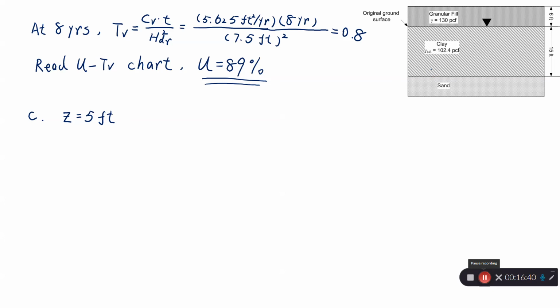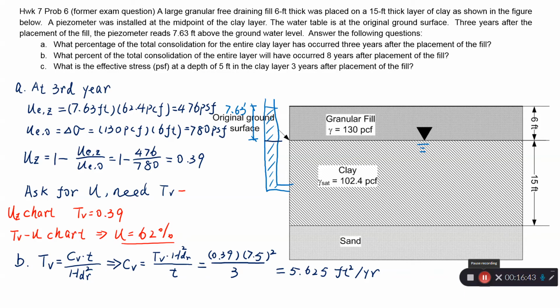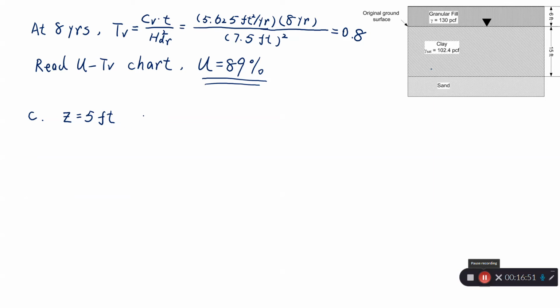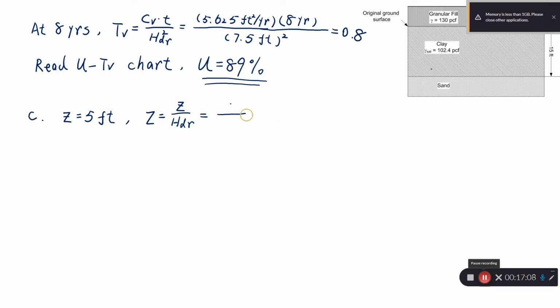Okay, what is the effective stress at the depth of 5 feet in the clay 3 years later? Then the first thought is I can get the depth ratio, right? So the depth ratio is Z over HDR, and I can easily calculate it, and that equals 0.67.